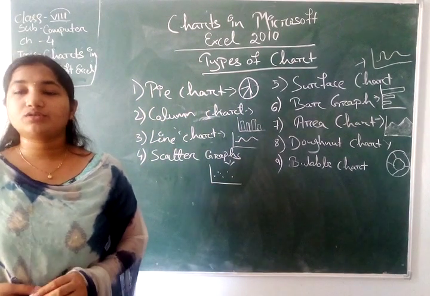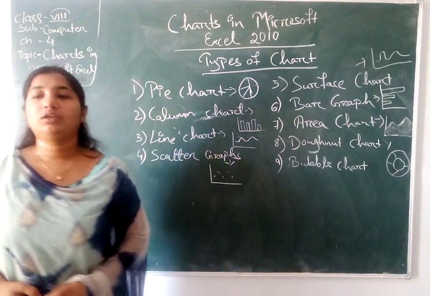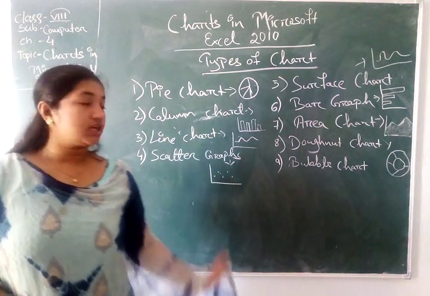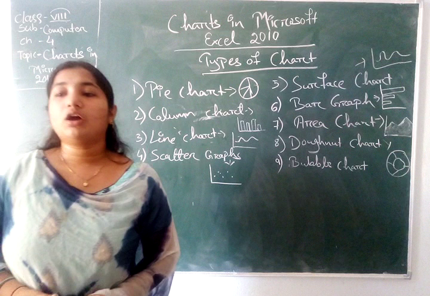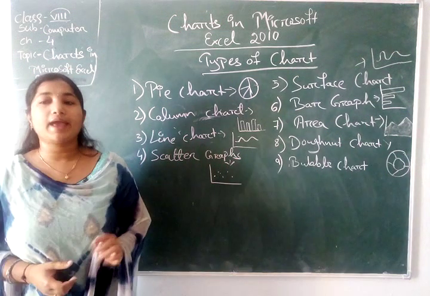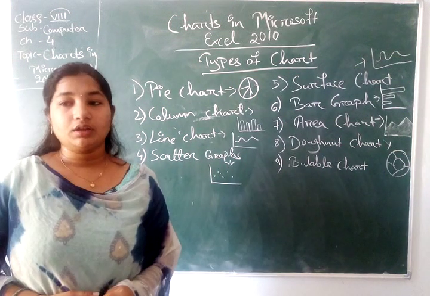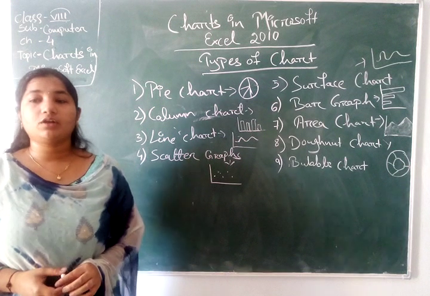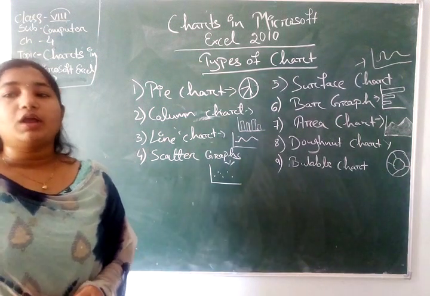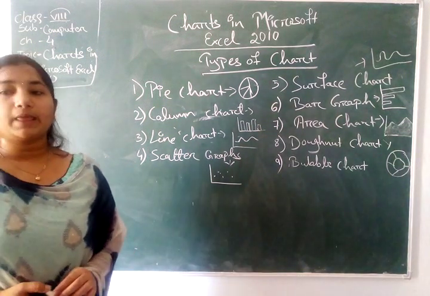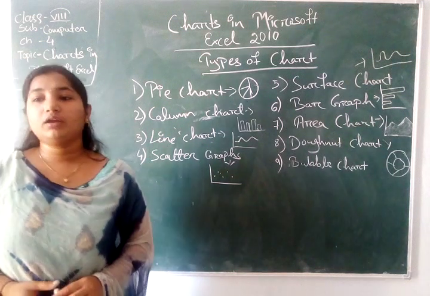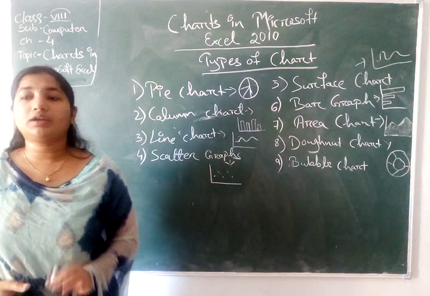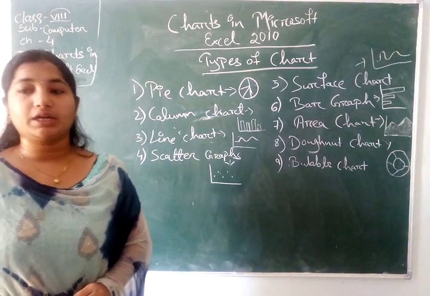So the next one is the bubble chart. Data arranged in columns on a worksheet, so that X values are listed in the first column and corresponding Y values and bubble size values are listed in the next column, can be plotted in a bubble chart.